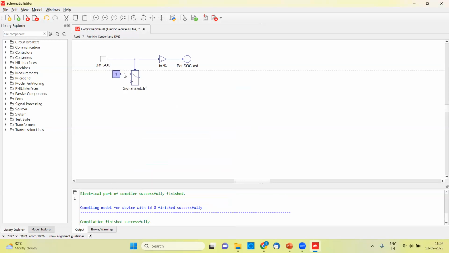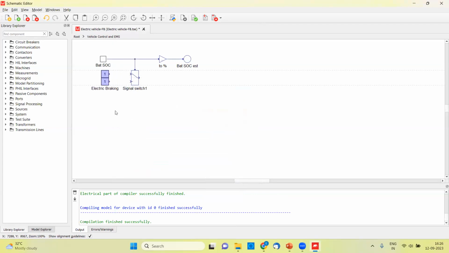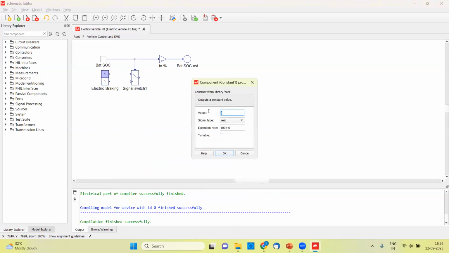Let me just hide the name. Kept it like this. So this is electric braking. I'm using 0 and TS.